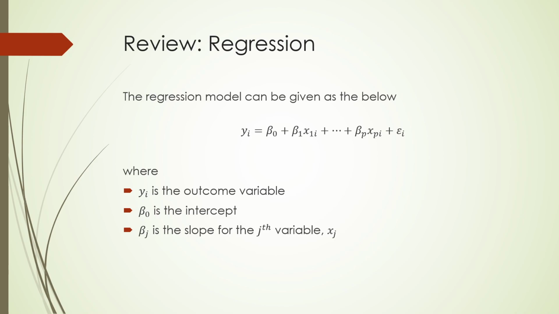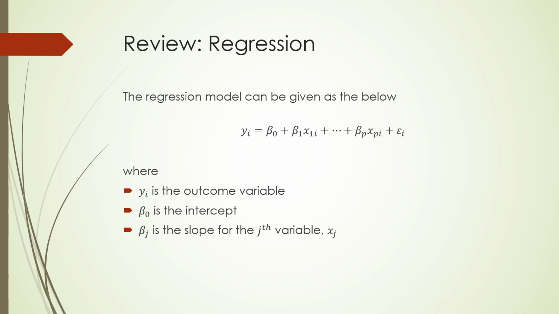Beta sub j is the slope for the jth variable, x sub j. So in this particular case, beta sub 1 would be the slope for the first variable. And by slope, what I mean is that as x1, the first variable, increases by 1, the change in the outcome, y, will be whatever beta is. So if x increases by 1 and y changes by 0.5, then beta is going to be 0.5.